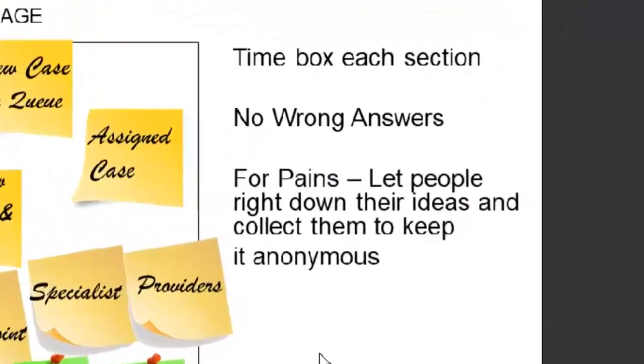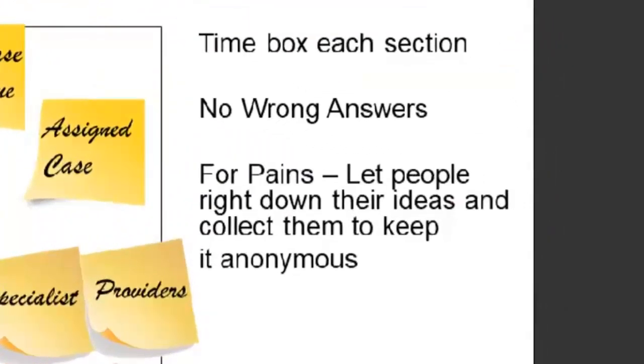A couple things I'll point out. First, we try to time box each section. If you are going to do the first piece in about an hour and then you break this down into 4 or 5 pieces, you generally want to keep each one to no more than an hour. And in terms of pains, you can also choose to let people do this anonymously.